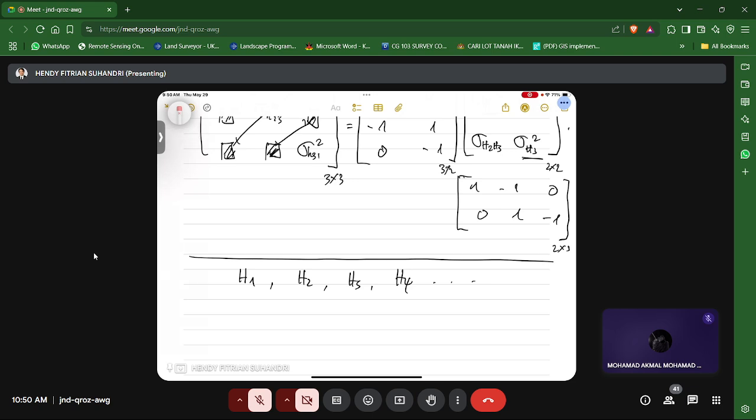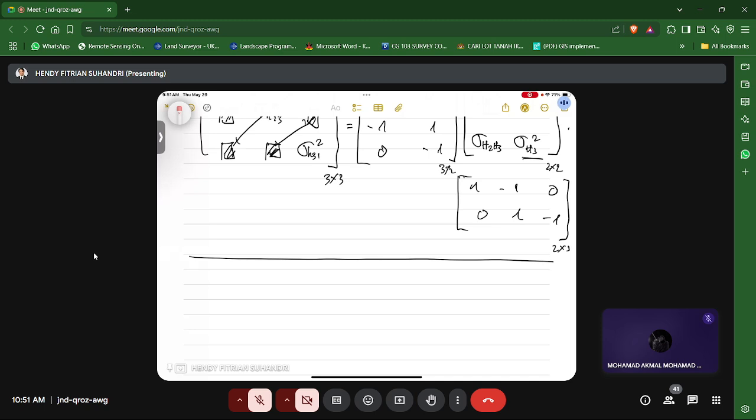Wait, I'm trying to find another example. Okay, here we go. Last semester, you already had satellite geodesy, right? You already had satellite geodesy and GNSS leveling.